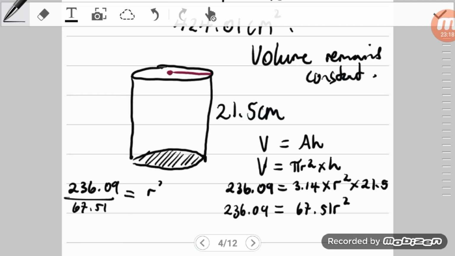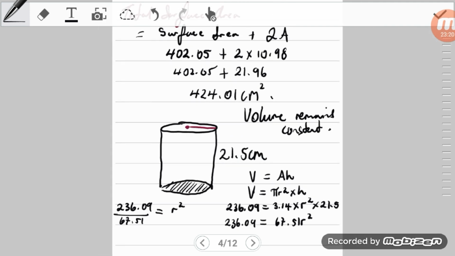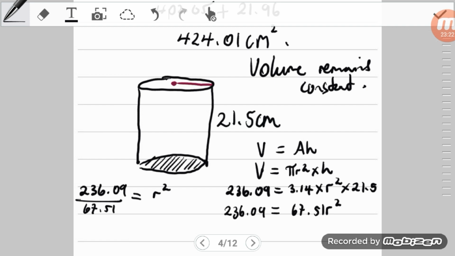Now let's proceed to find out what that is. 236.09 divided by 67.51, and we find that our result here is 3.49, or we could just say 3.5, but that's okay. That's equal to r squared.